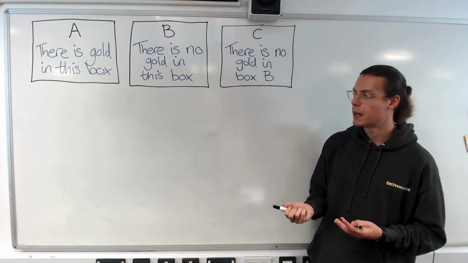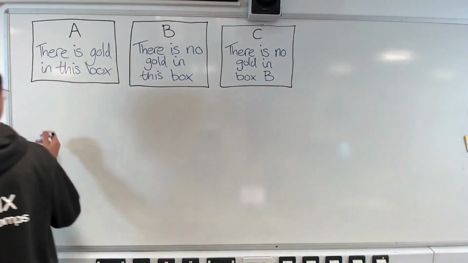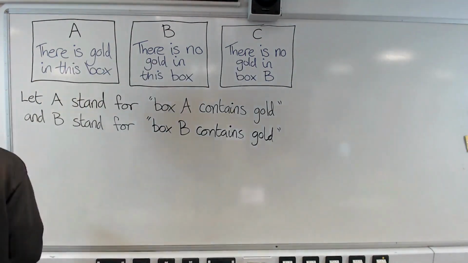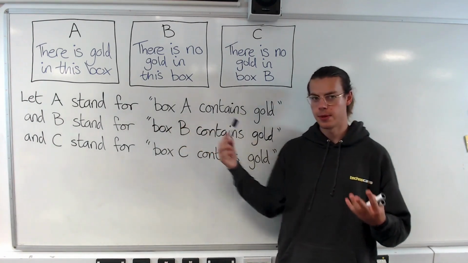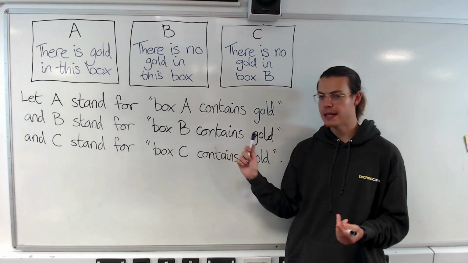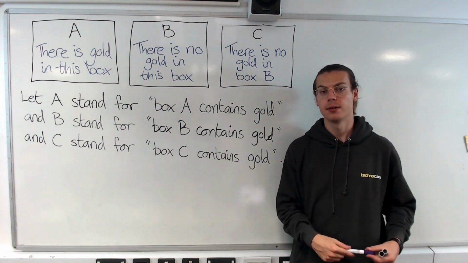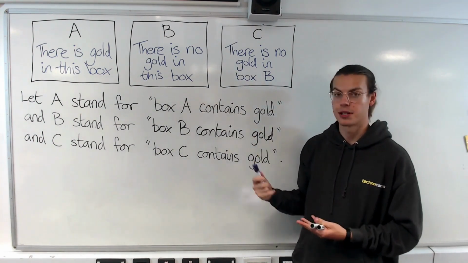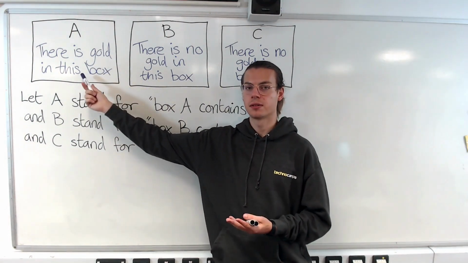Now I'm going to start by defining some propositional variables. A stands for the statement box A contains gold, B stands for box B contains gold, and C stands for box C contains gold. Now let's translate each of these statements into propositional logic. Box A says there is gold in this box.